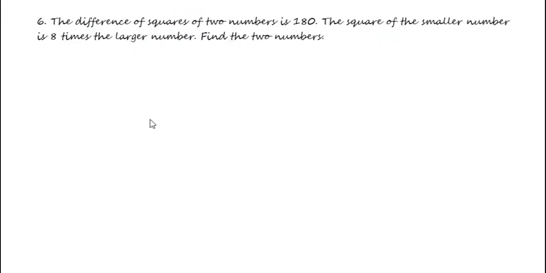One more word problem. The difference of the squares of two numbers is 180. The square of the smaller number is 8 times the larger number. Find these numbers. Now let the larger number be x. Then smaller number is y.